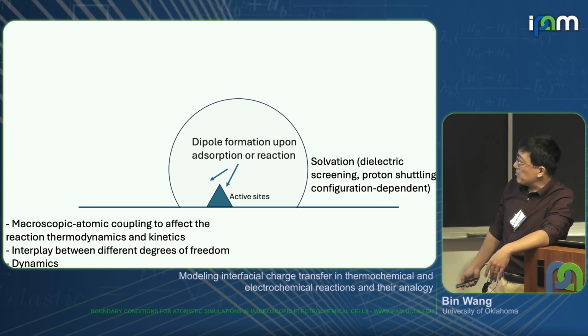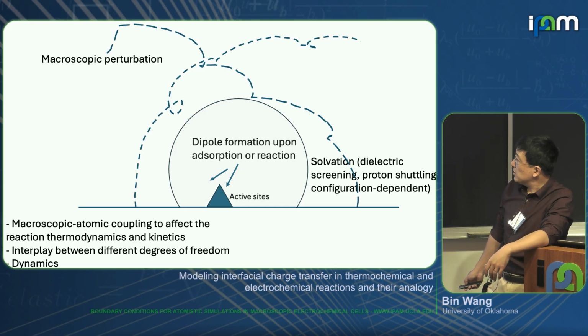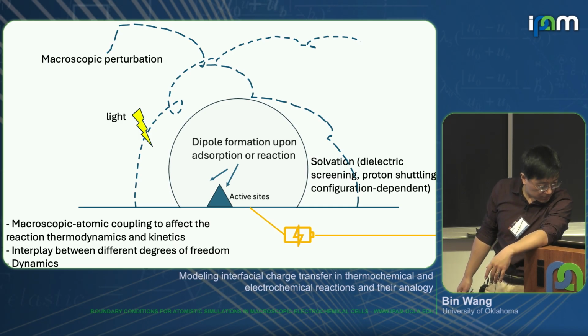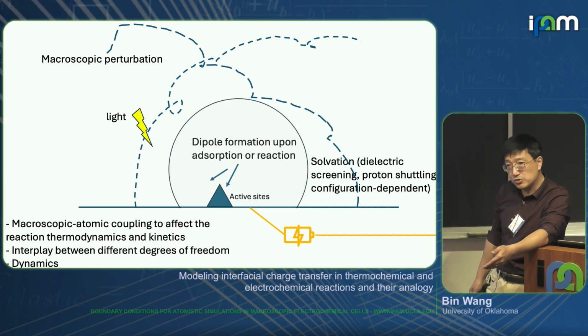And then at another layer of complexity, you can further tune this solvation by introducing some perturbation. In this case, we are using pretty big polymers, but you can imagine that you can even apply electropotential or use light. In fact, a lot of our work in previous years was on plasmonic catalysis. We also showed that solvent also plays a role.